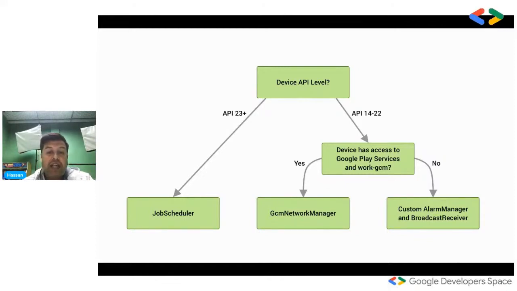If not, then it will switch between both of them. And also one thing to note here is that AlarmManager can be a replacement for devices which don't support Google Play services for API level 14 to 22.